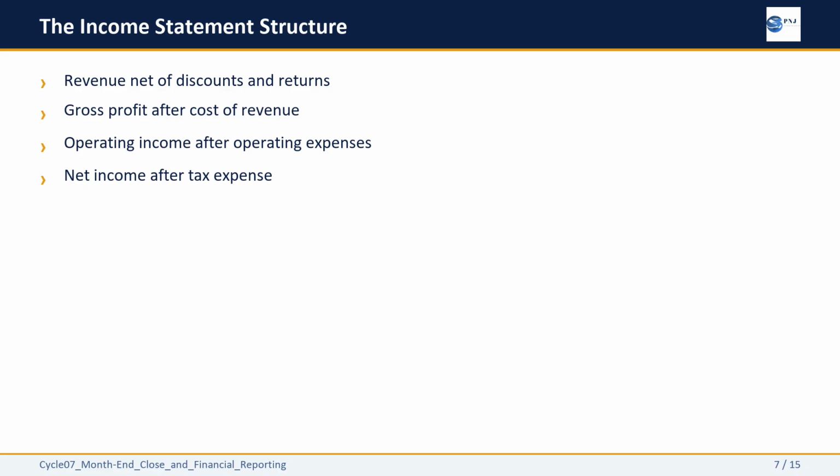Subtract operating expenses such as research and development, selling and marketing, and general and administrative to reach operating income, also called EBIT. Then add other income and expense like interest and foreign exchange. Subtract income tax expense, and you arrive at net income. This top-to-bottom flow tells the earnings story cleanly.